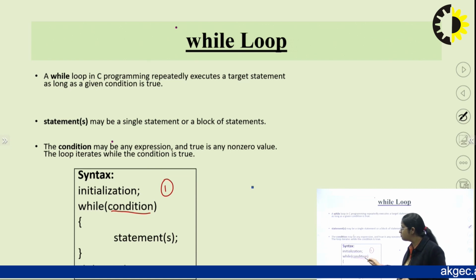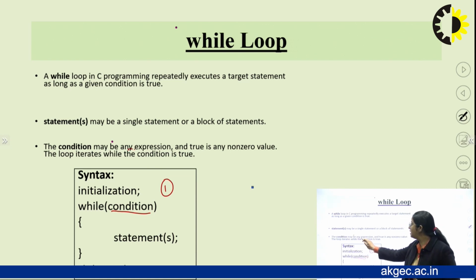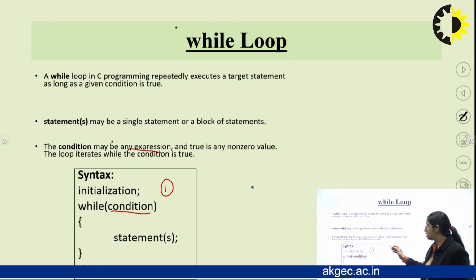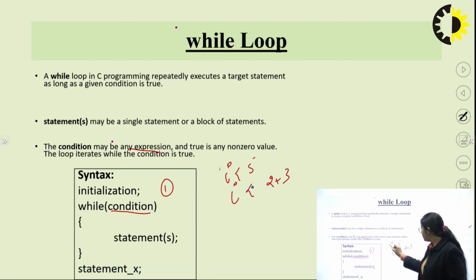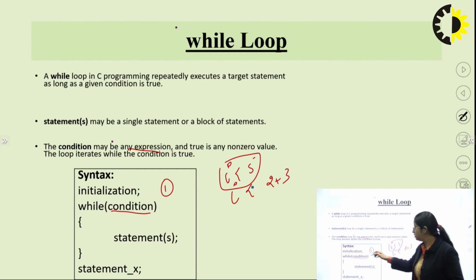We are giving some condition here. Conditions may be any expression. If I take a condition like i is less than 5, this is also a condition. If I take i is less than 2 plus 3, this is also a condition. We are giving some expression in this condition.